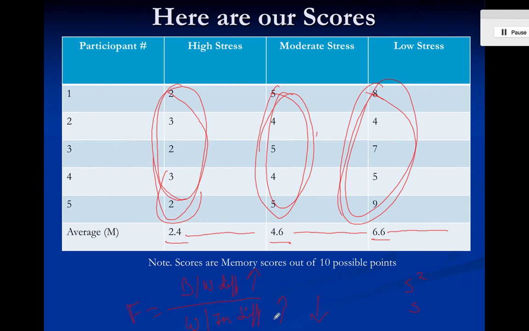If that number is high and that number is high, my F value is probably going to be low, because my denominator is high. But if the difference between the groups is high and the difference within the groups is low, then I'm going to expect my statistic to be high, to be large.